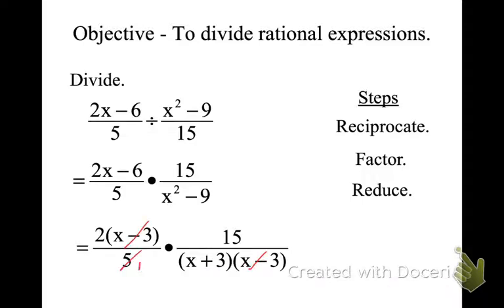I can take a 5 and I'm left with 1 and 3. And so we're left with 2 times 3 is 6 over x plus 3. So when we reduce, we're cross canceling. Questions? All right, let's move on. Pretty easy.